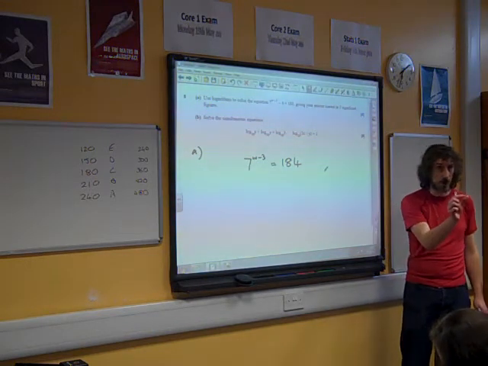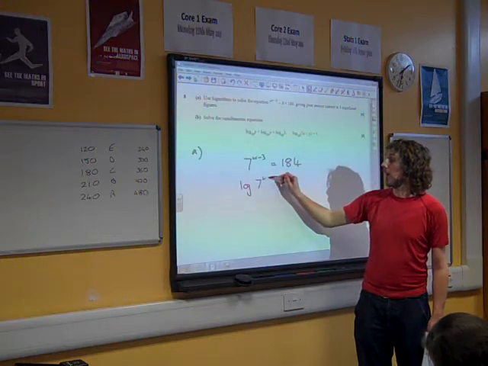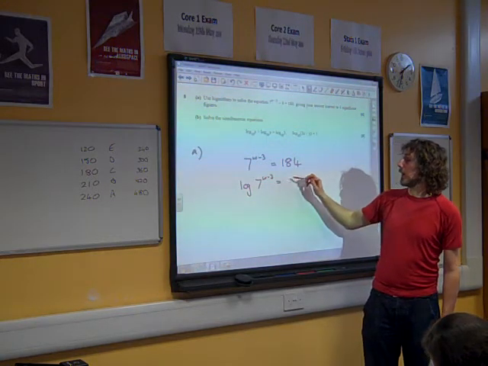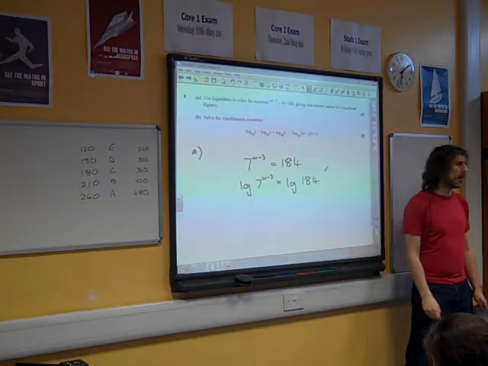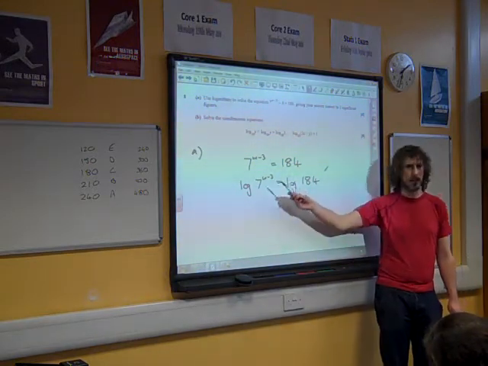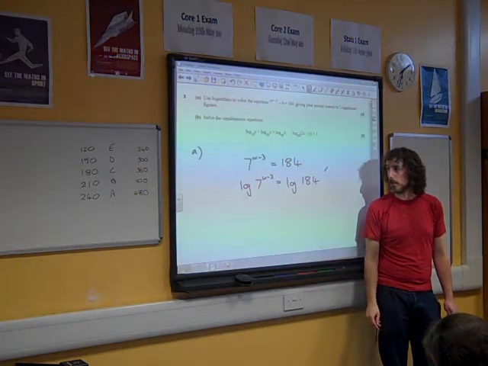And if you just write the word log, it's taken to mean log base 10. So this is log 7 to the minus 3 is log 184. You may also have seen, if you just write LG, then that also means log base 10. It's accepted shortening, right?